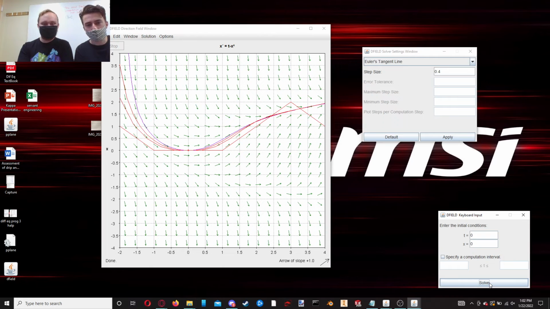The airplane one's jumping all over the place, while the helicopter and the ship, again, more closely follow the actual path. All right, now thank you for listening.